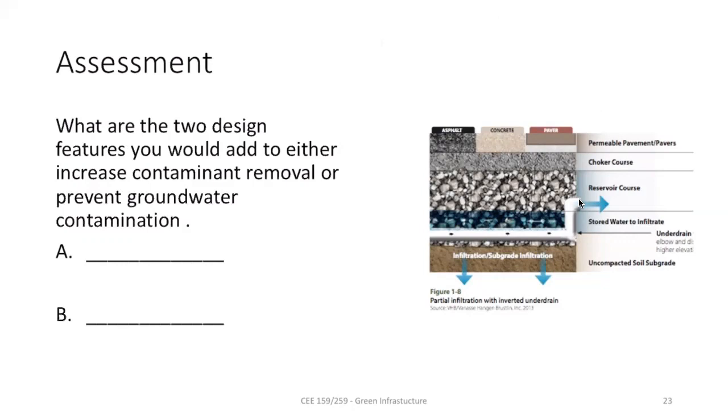I got one answer from Nishant. It was correct, but it was shared privately, so you don't know what he wrote. Any other choices? How do you improve contaminant removal?